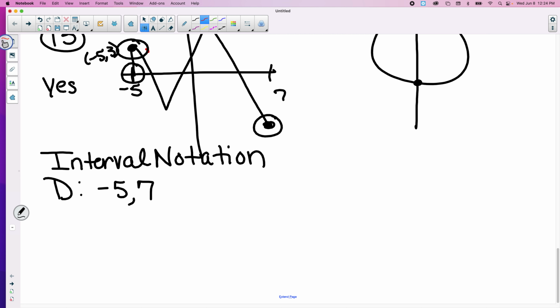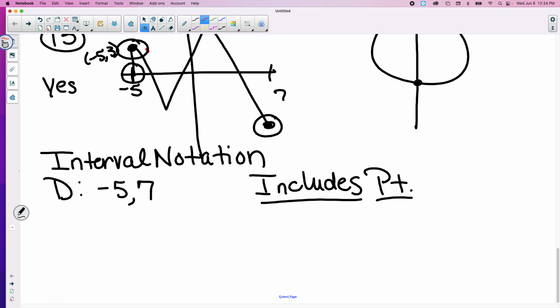So if it's a closed circle on your point, if it includes that point, you use a bracket. So we're making an interval. The domain goes from negative 5 to 7, including negative 5 and 7. So it looks like that.